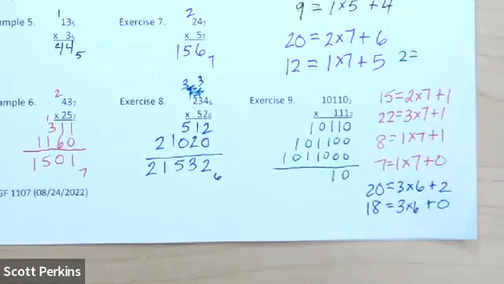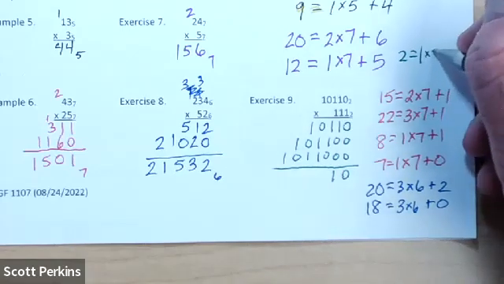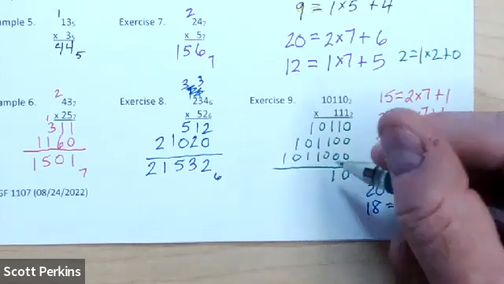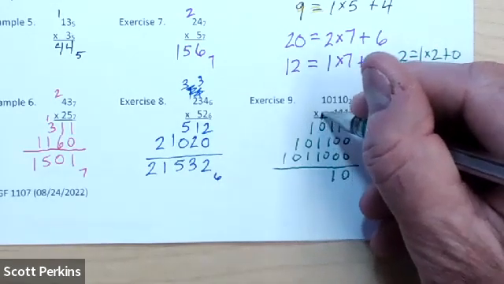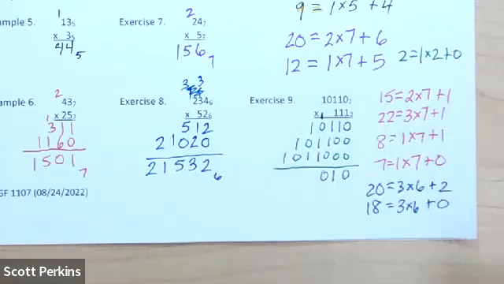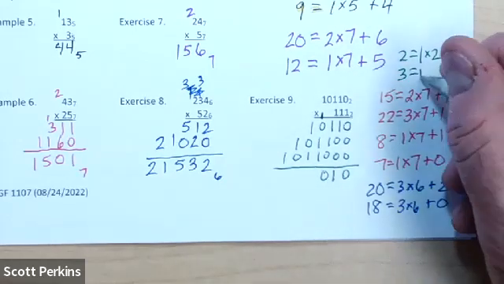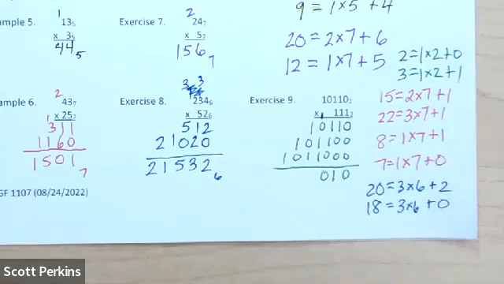So if I have 2, how many full groups of 2 is that? Well, that's 1 full group of 2 and 0 left over. So I'm going to take the 1 full group of 2, I'm going to carry the 1, and then the 0 left over. The next column is 1 plus 1 plus 1, that's 3. Well, 3 is 1 full group of 2 and 1 left over.